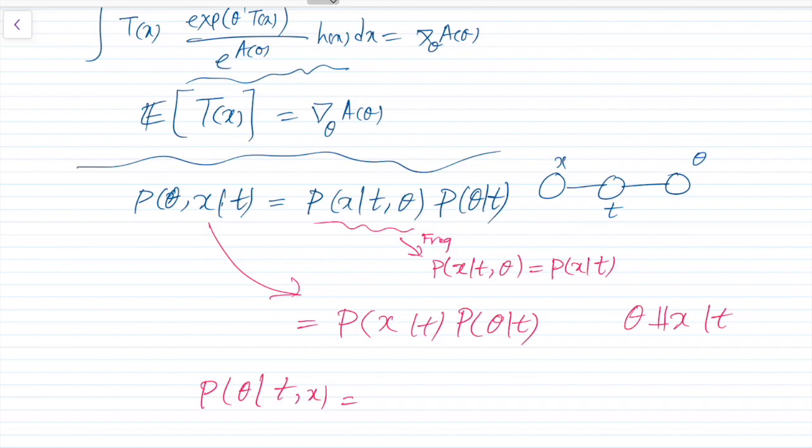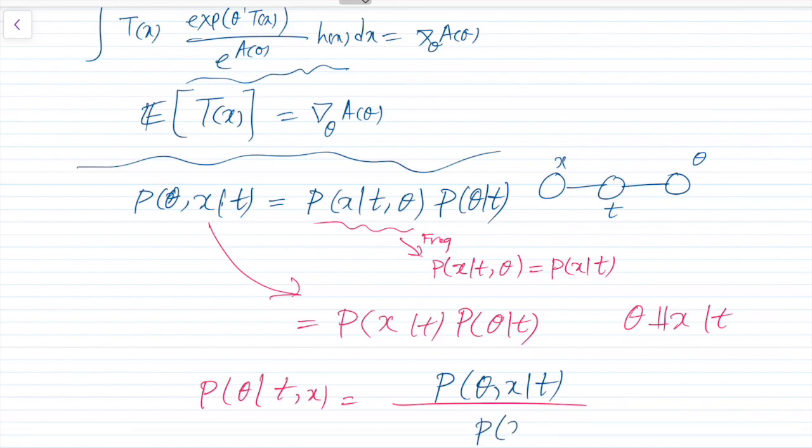So this is the definition of the sufficient statistic from the frequentist point of view. I started with frequentist and I get these independencies. And I can retrieve the Bayesian point of view by just working this out from Bayes rule. So I can write it as p(theta, t given x), or I can write it as p(theta, x given t), exactly the same thing.